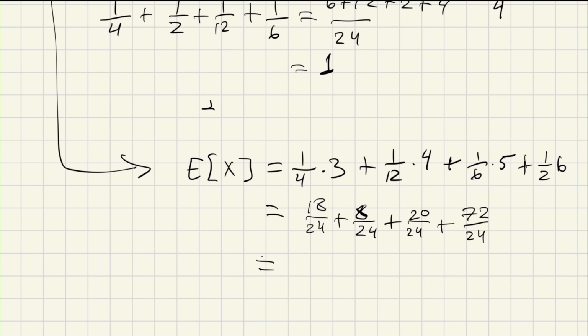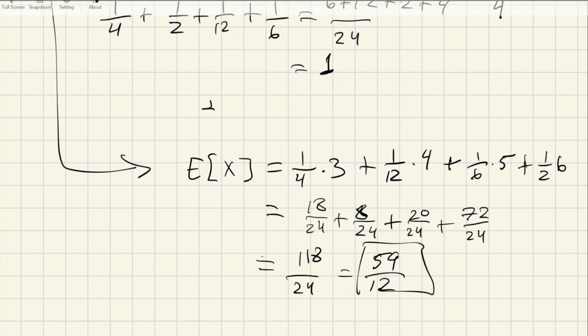Sorry, my handwriting's a little bit ugly. And this becomes, okay, 72 plus 18 is 90. 90 plus 28 is 118 over 24, which equals 59 over 12. So this is the expected value of the highest number. And if we plug this into a calculator, we can see that this is about 4.92.